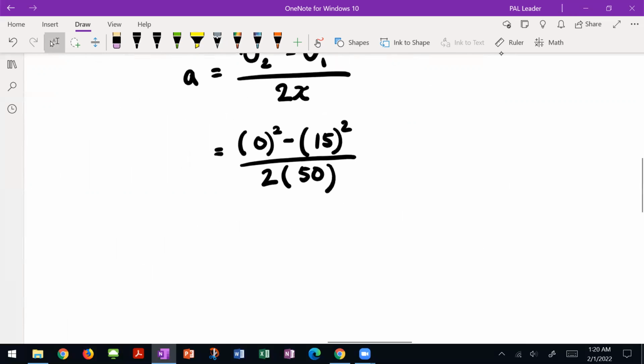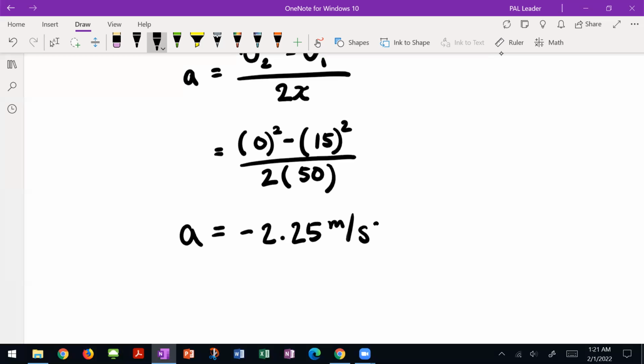And put that in your calculator, and I am going to, oh, low battery. I got negative 2.25.